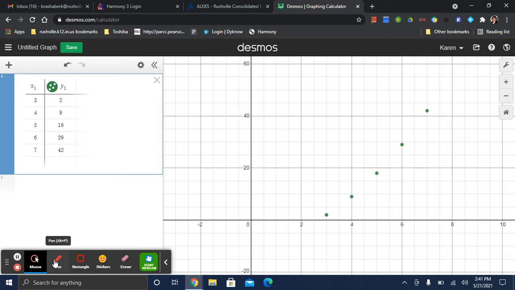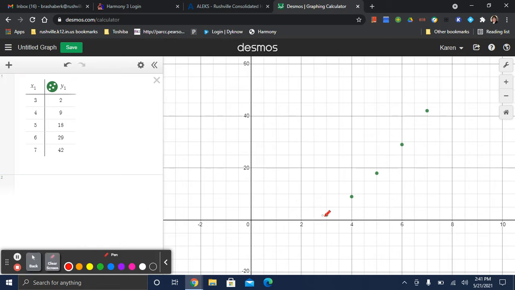But if I were to try to draw a line on here, I think you would see that we get just a bit of a curve. It's not really a line. A line would not have this curving that is going on right here.